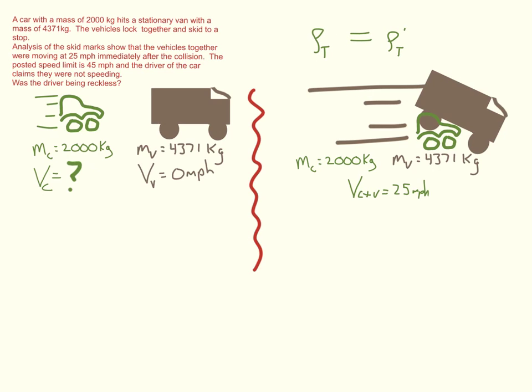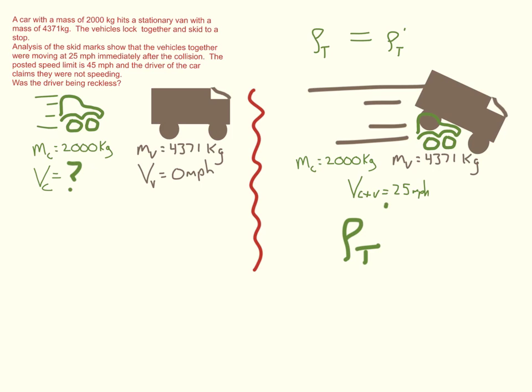The next step is to take a look at the momentums of the objects both before and after. Looking at it, after the event I seem to have all the information, because there's not a single question mark on that side. So that's where I'm going to start. We want to take a look at the momentum after the collision takes place.